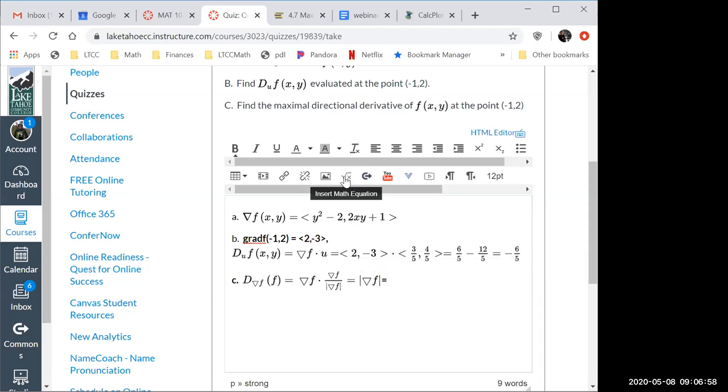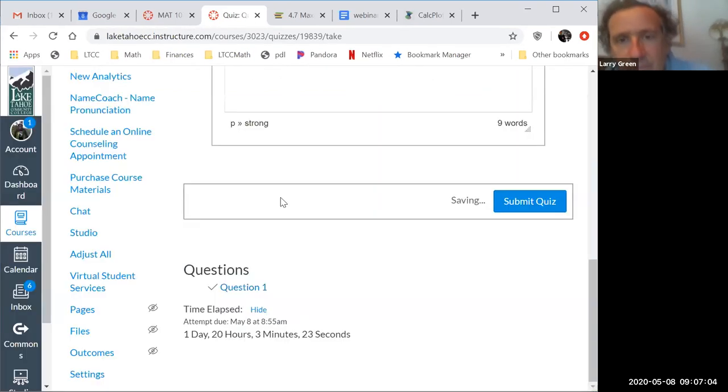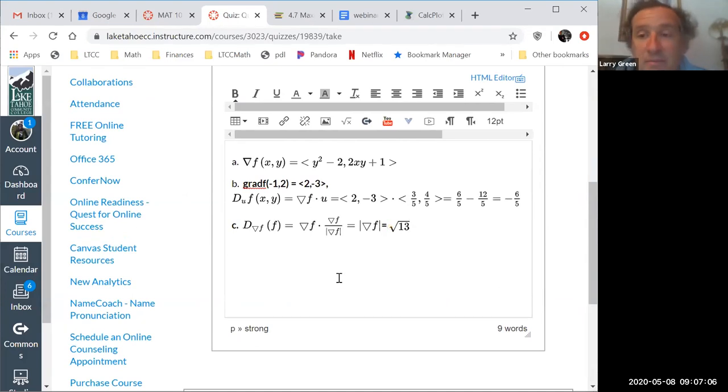Yep, square root of 13. That's the square root of 2 squared plus negative 3 squared, which is square root of 13. You could go work it out with all the arithmetic, but this derivation means you don't have to. The magnitude of the gradient is always the maximal directional derivative.